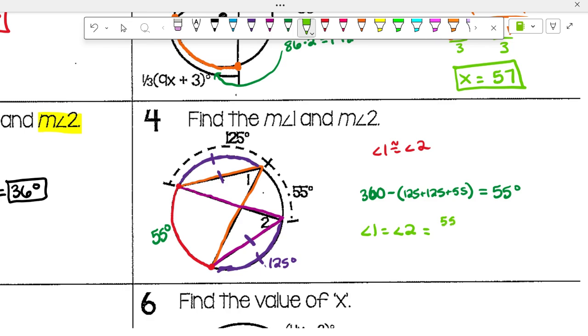So we're going to do 55 divided by 2, which will be what? 27.5 degrees. So that's the measure of both of these angles. Any questions on 4?